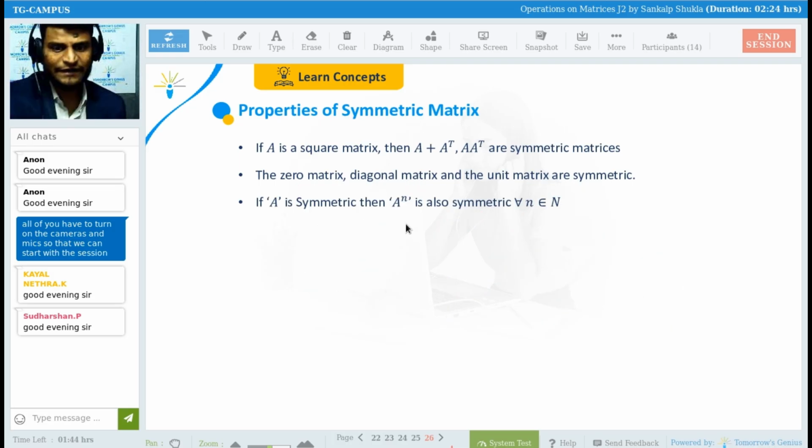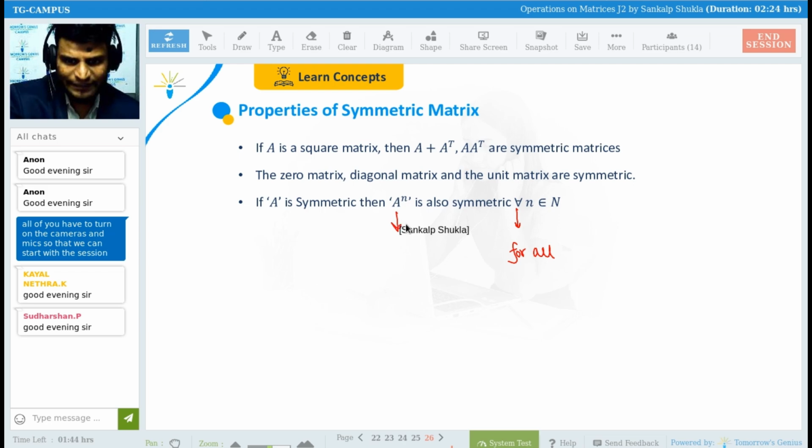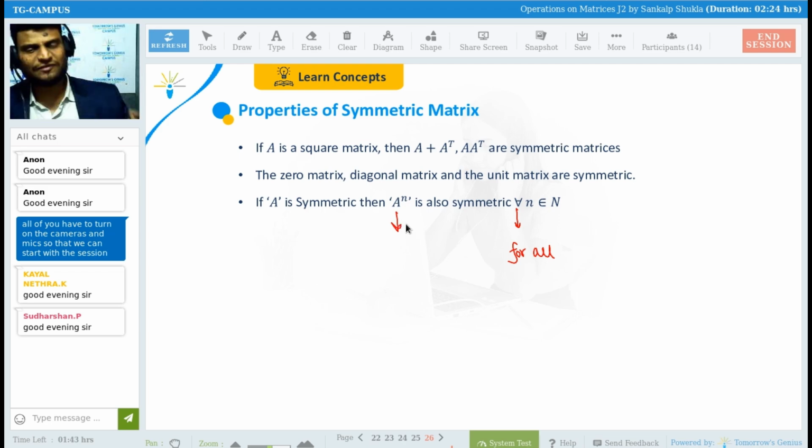Next property. If A is symmetric, then A raised to the power n is also symmetric for all n belonging to natural numbers. This sign is known as for all. So if A is symmetric, then A square will be symmetric, A cube will be symmetric, A raised to the power 4 will be symmetric, and so on.